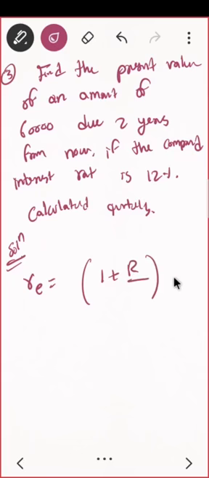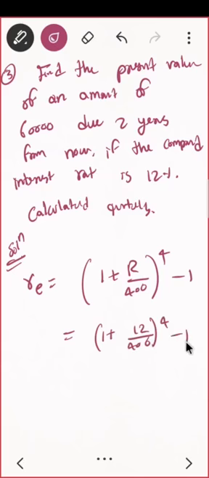So you know that compound interest is calculated on the effective rate. So you have to find the effective rate, RE. What will it be? Correct, very nice. So that will be 1 plus, what is R? 12 upon 400 raised to 4 minus 1.